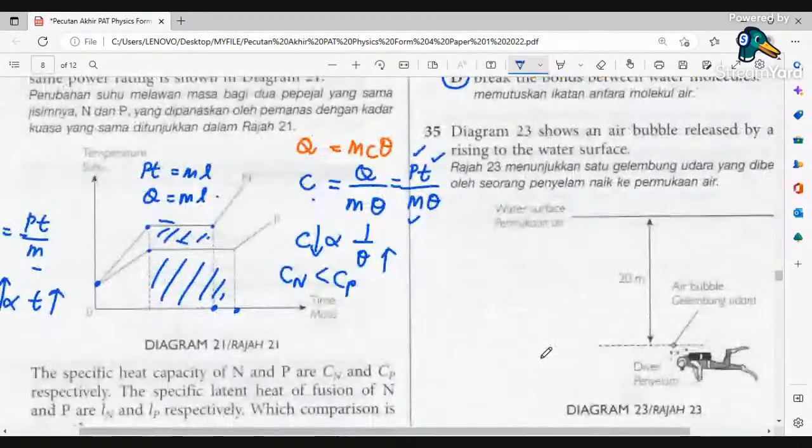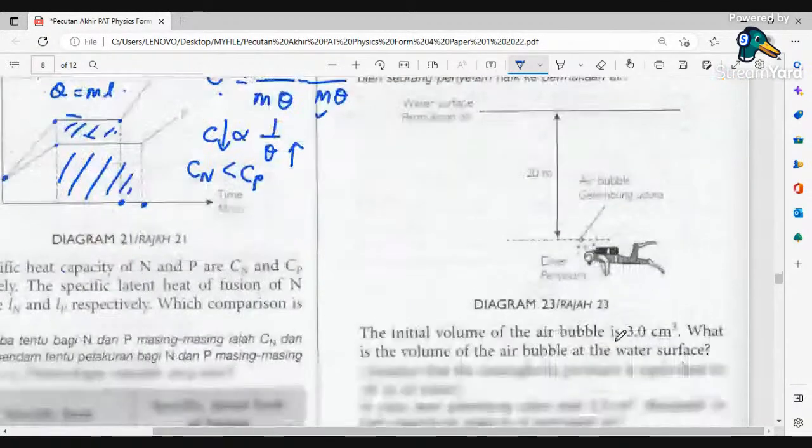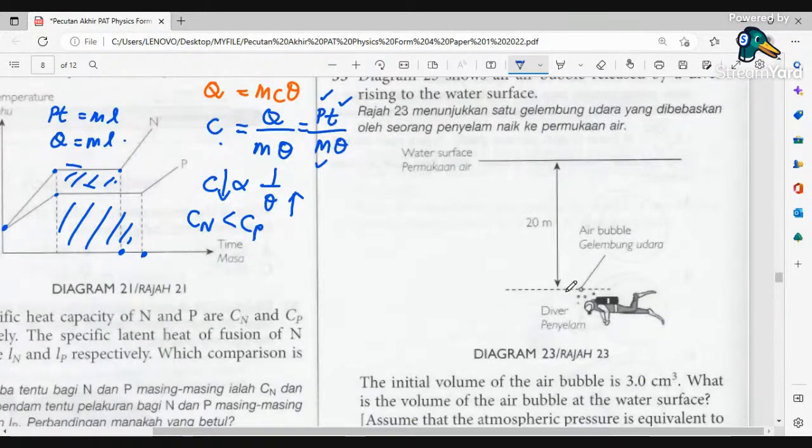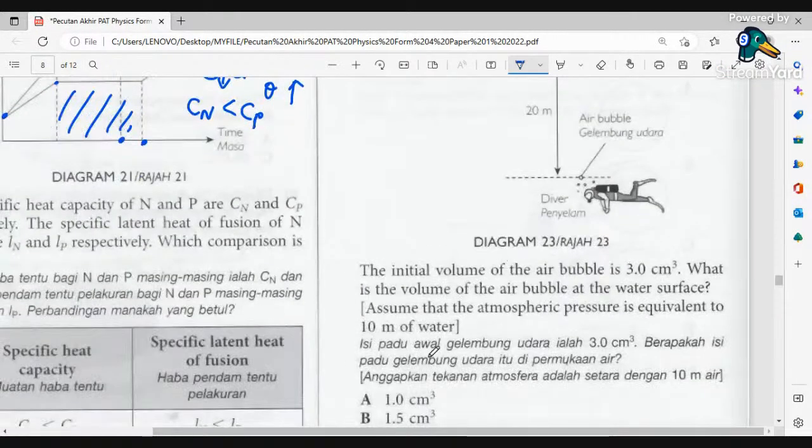Answer D. Number 35, diagram shows air bubble released by diver, 20 meter deep here. Initial volume 3, what is volume at the water surface? Assume atmospheric pressure is equivalent to 10 meter of water.